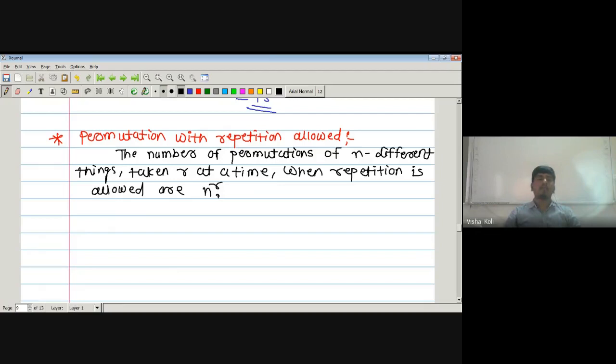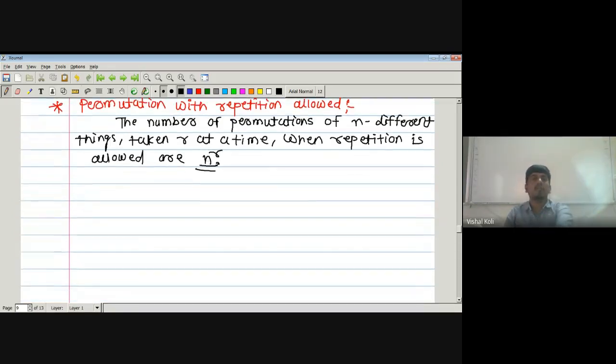That is what we have to prove. Suppose we are given n different things and we have to find the number of permutations of these n different things by taking r at a time when repetition is allowed, which is n to the power r. Actually, we have to fill r places by taking these n things.